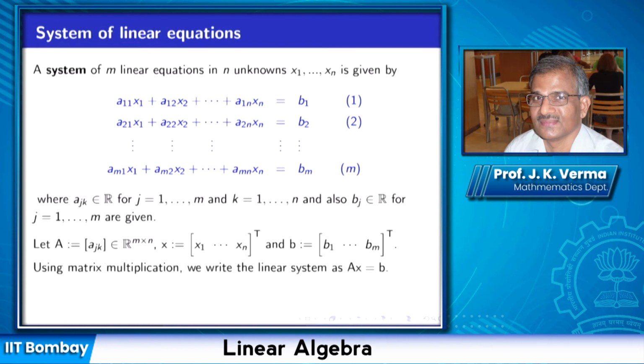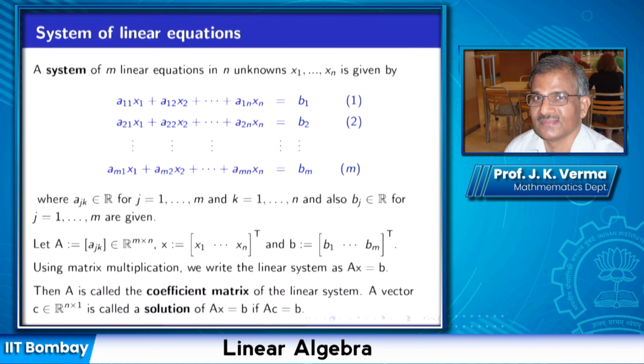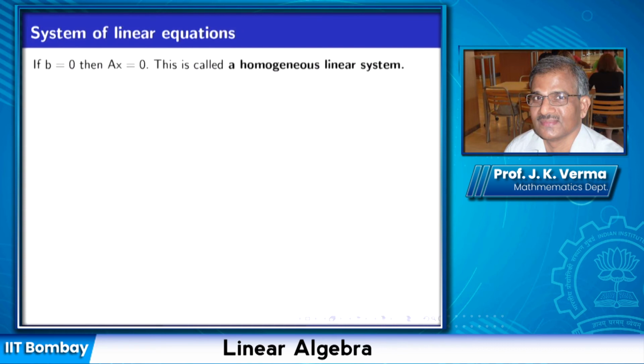The system of linear equations amounts to writing the matrix equation Ax equal to b. So m equations in n unknowns can be written in very compact form as Ax equal to b. The matrix A is called the coefficient matrix, and a vector c with n components is called a solution of Ax equal to b if Ac equal to b. If b equal to 0, then Ax equal to 0.